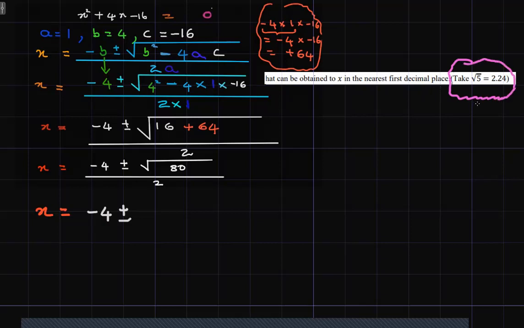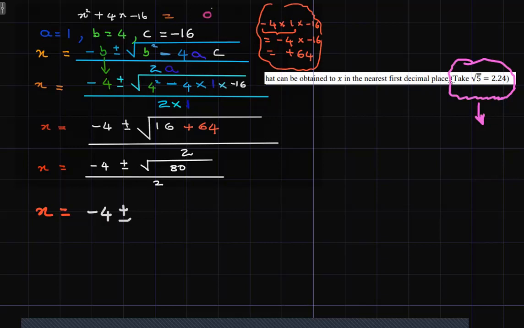So when they give it in this way, what they mean is don't use the log table. When they give something within brackets, like take root 5 as 2.24, it's a clue to you. You're not supposed to use the log tables to find the square root of 80.